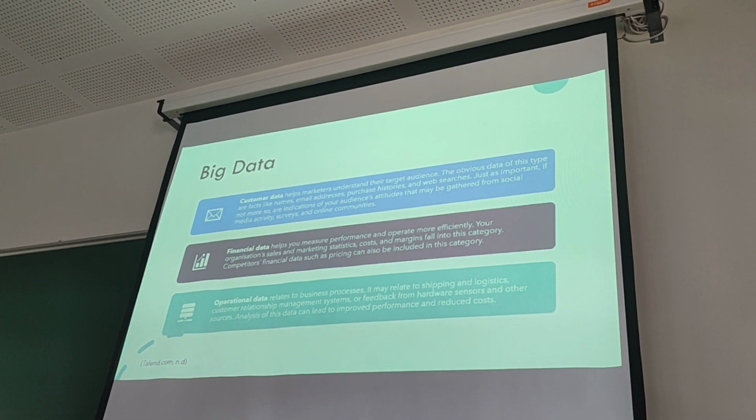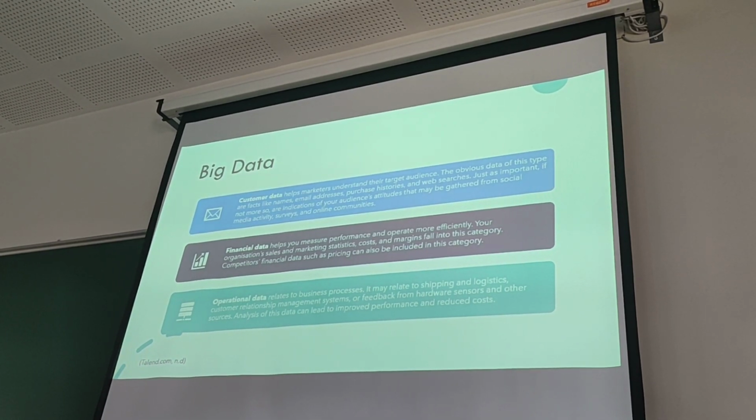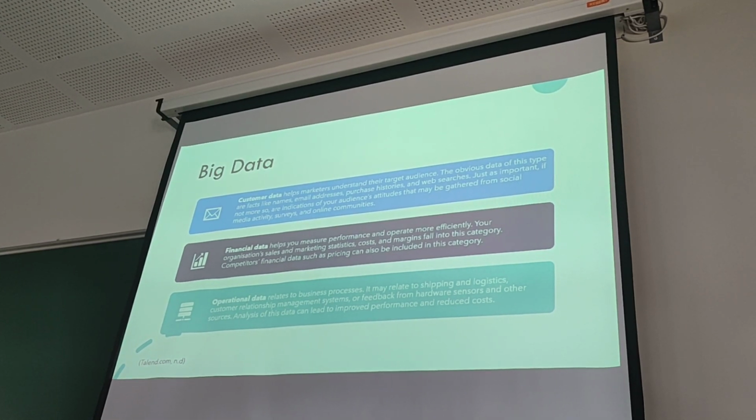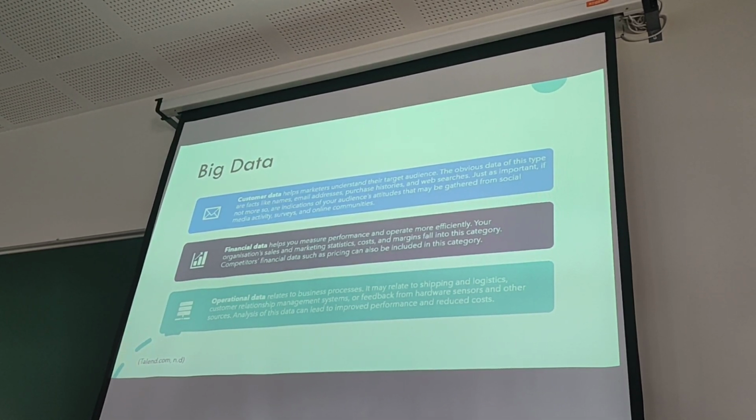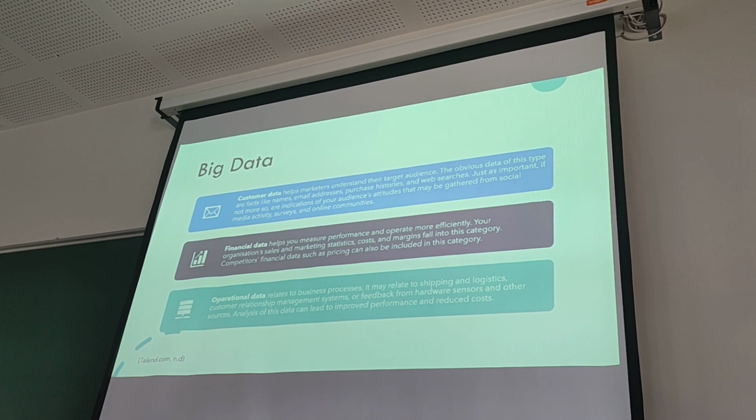Financial data, of course, helps you measure performance and operate more efficiently. Your organisation's sales and marketing statistics, costs and margins fall into this category. So you'll be gathering data about which products give you the most profit, and then you can use that data to push those profits that make you more profit, that you have more of a profit margin on, using that data.